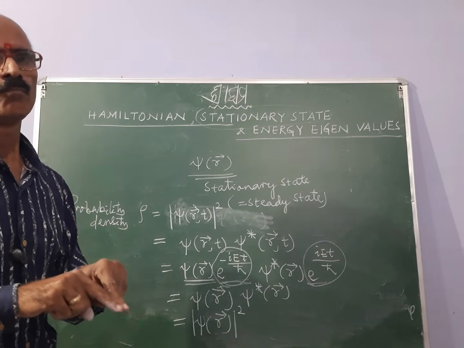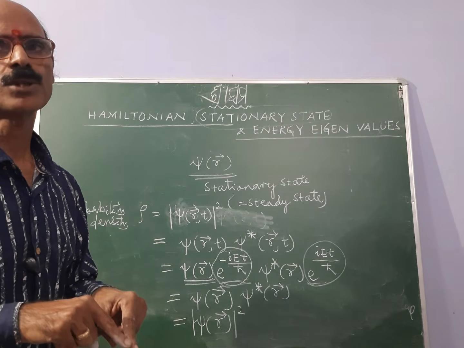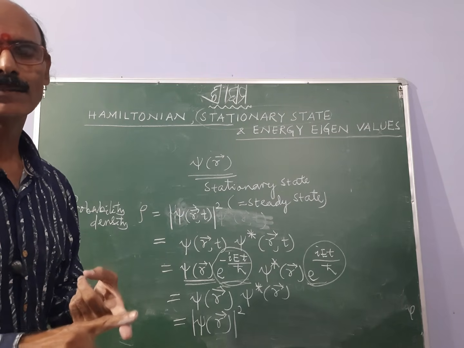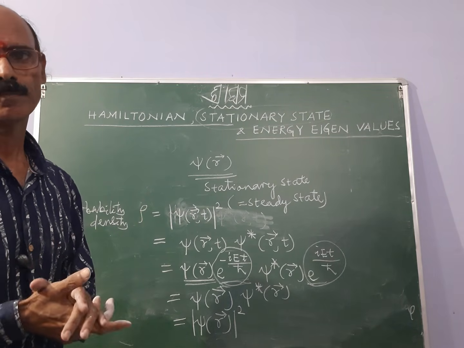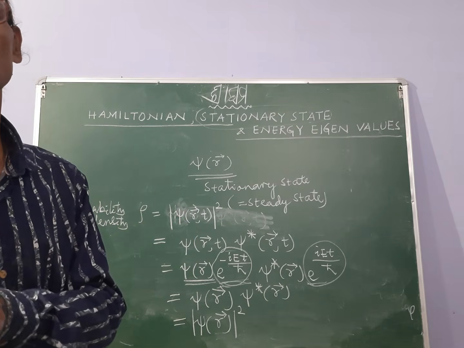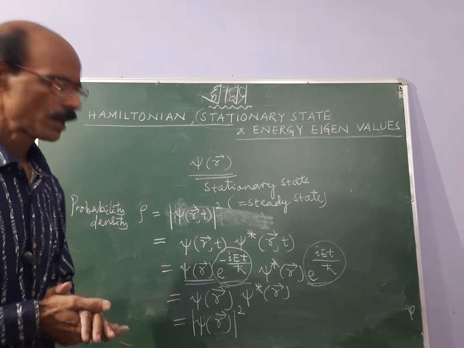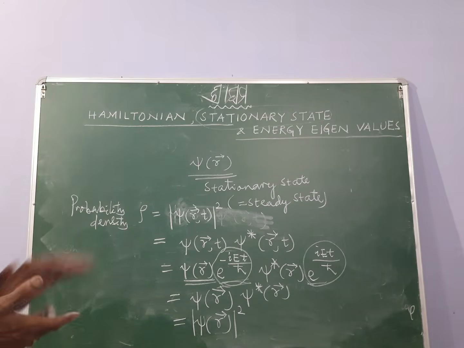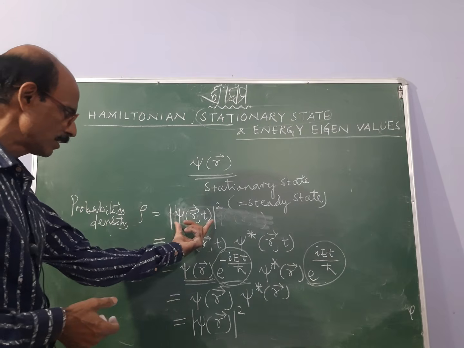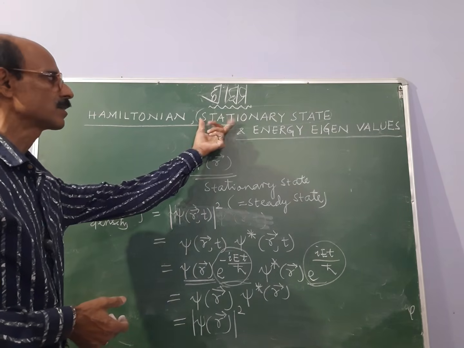That means the statistical distribution of position and momentum of the particle does not depend on time. This is the meaning. It doesn't mean that the particle is motionless, that it has no motion. It doesn't mean so. So this is a stationary state. Since the probability density is independent of time, it is a stationary state.